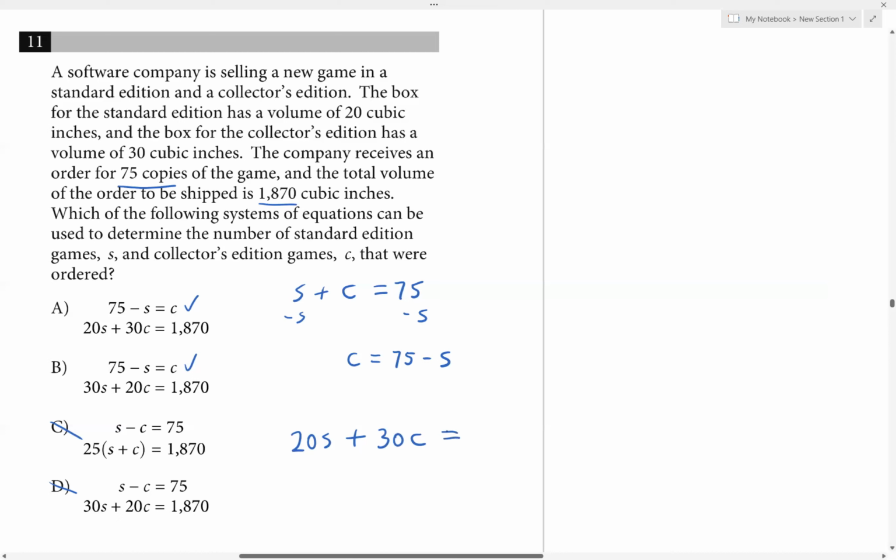That should equal the total volume, which is 1,870. So you get 20S plus 30C equal to 1,870.